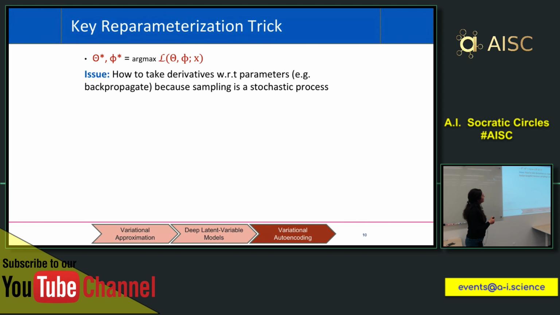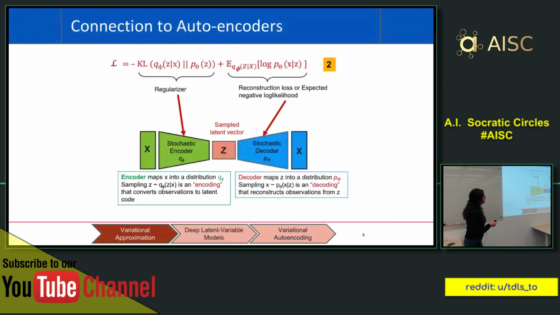But the issue is, as you see, there is a connection to autoencoders, but there is a sampling process involved, and how can I do backpropagation with sampling? For backpropagation, I need all the nodes to be deterministic. I can't work with random variables.